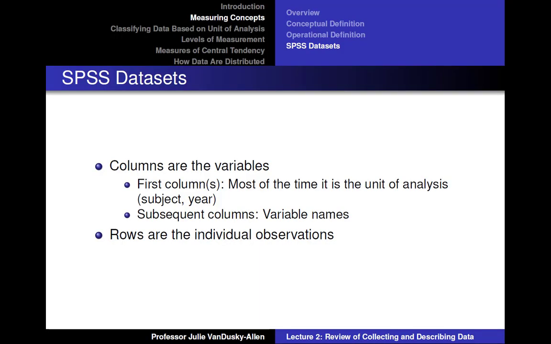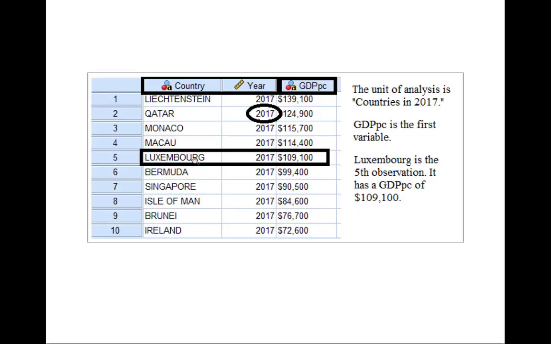Next, the rows are where you can enter in the data for individual observations. So for observation 5, the country is Luxembourg, the year is 2017, and the value for GDP per capita is 109,100.